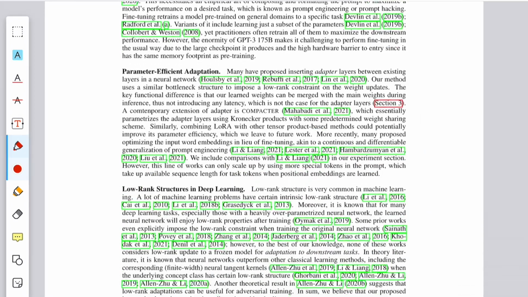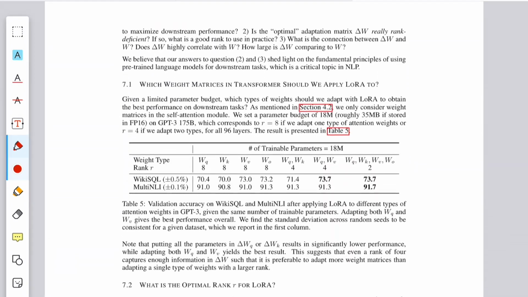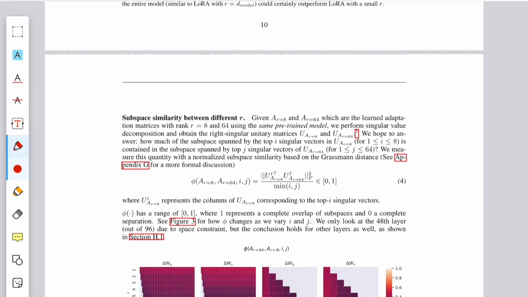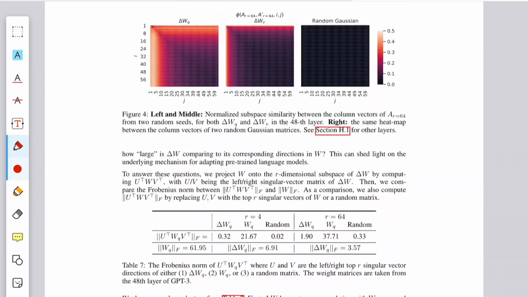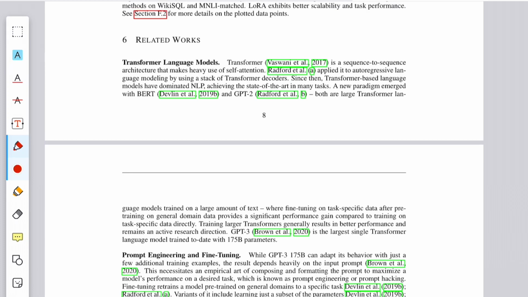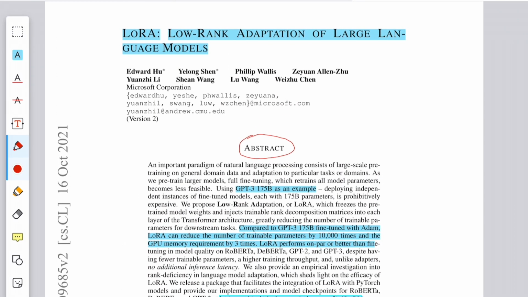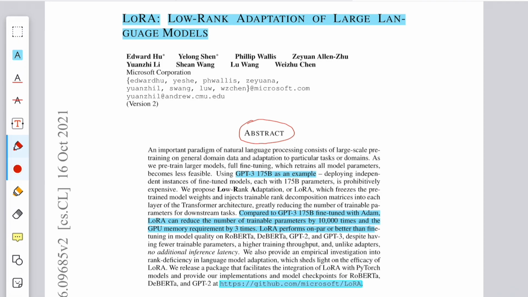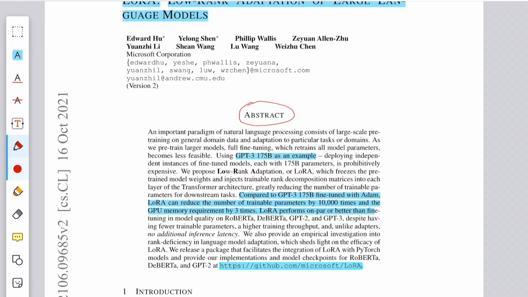Okay, let's look at this paper. Is there any other interesting place? Maybe this is the paper. It is not very difficult, and the method is very simple.